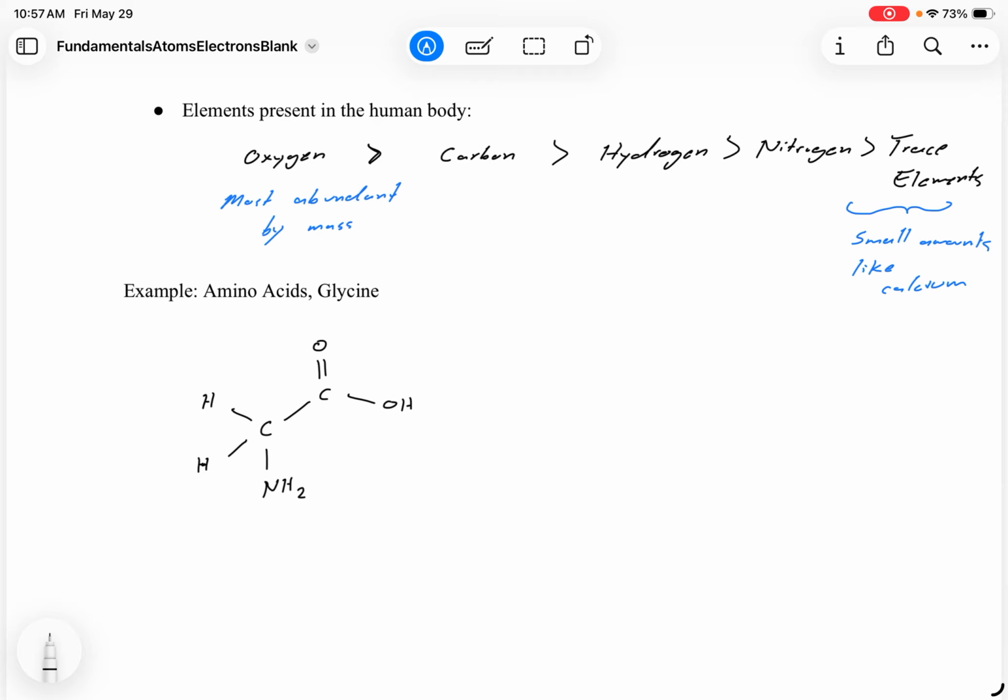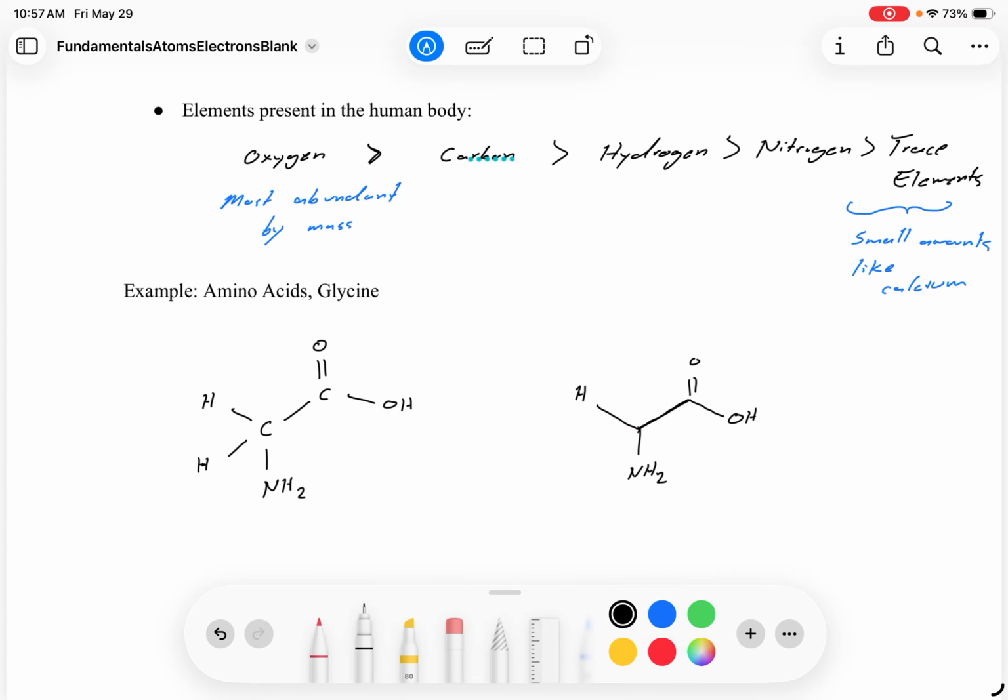And let's go ahead and look at the structure. You guys will see more in organic chemistry. This will be an H, and this is more like the line structure you'll see in organic chemistry, the organic structure. Each bend in the line represents a carbon. So these are the same.